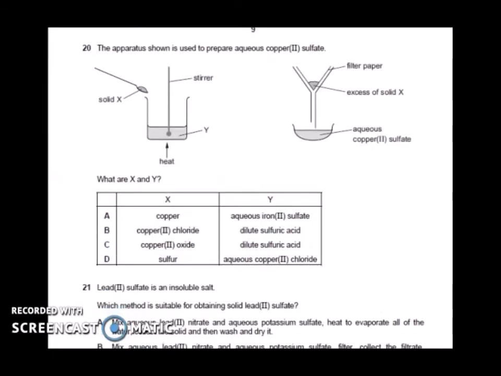Okay, number 20. The apparatus shown is used to prepare aqueous copper(II) sulfate. So we have a solid X, and here's Y, and here's the heat, stirring, excess of solid X, filter paper, and you have the copper sulfate.